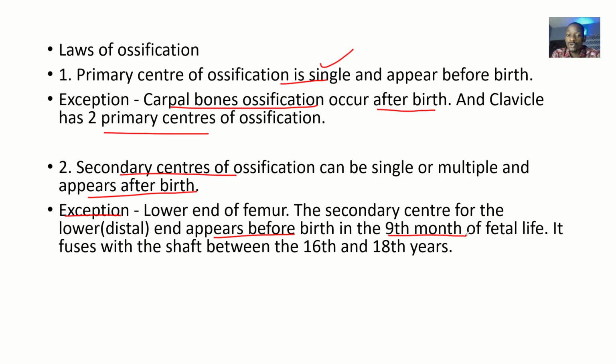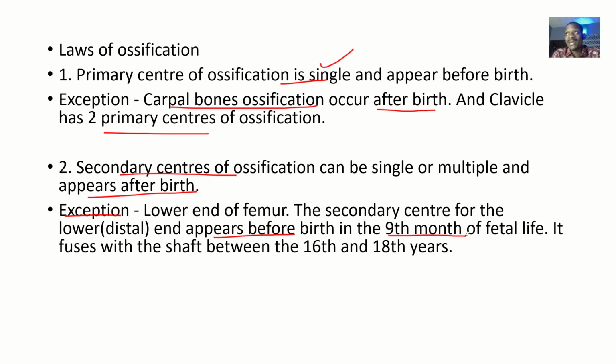One advantage of the lower end of femur is that when they give birth to a child, they can do some radiographic tests to see if the secondary center is there. If you know that the secondary center is there, then you know that the child is viable.